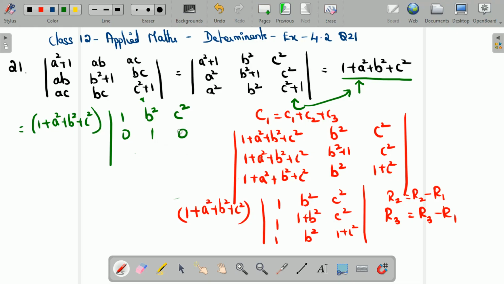C square minus C square is 0. As for the last row, 1 minus 1 is 0. B square minus B square is 0. 1 plus C square minus C square is equal to 1. Now the value of the determinant is simply equal to 1. So this means the entire expression is now reduced to 1 plus A square plus B square plus C square, and that is the required answer and hence proved.